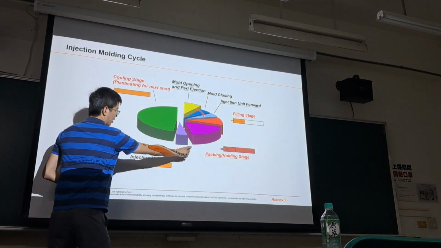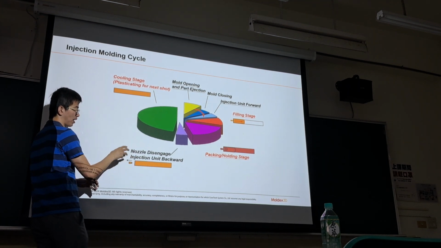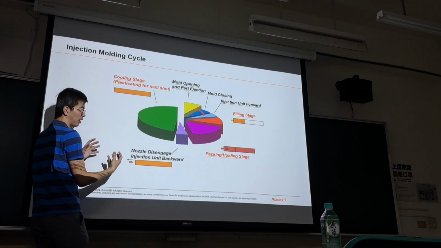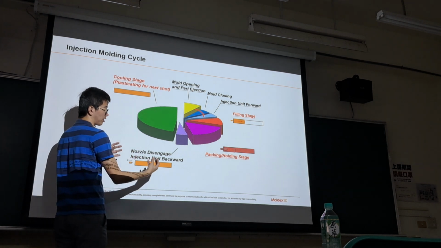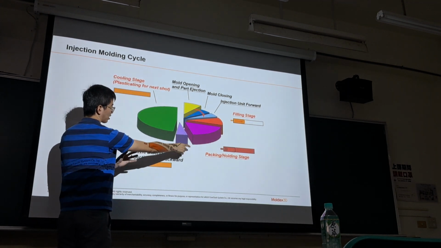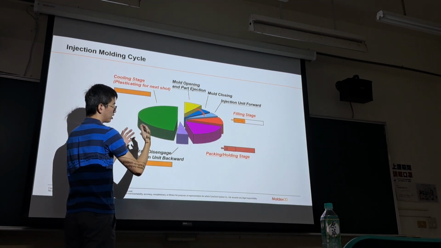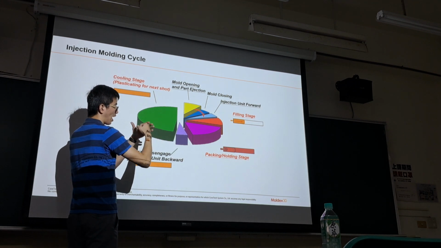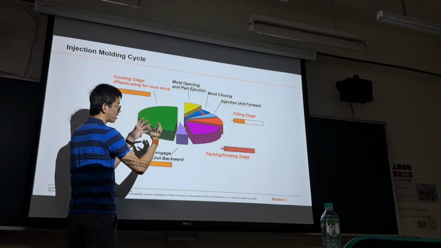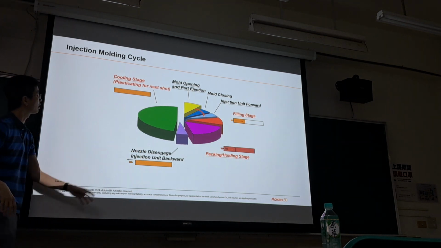And after that, the injection unit rotates backward to prepare melt for the next shot. And for the cavity part, it continues to cool down until it is cold enough, with high mechanical strength, allowing you to open the mold.